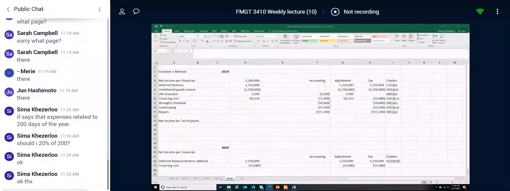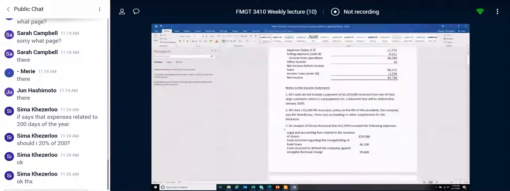Okay. So in the case of the cost incurred to defend the company against wrongful dismissal, that would be a general expense. Then you'd say, is there a specific rule for this? No, not really. So now you have to turn to 18(1)(a). So again, is this a cost that you incur to earn income? Well, you're trying to defend the company against wrongful dismissal, so for sure there's an income earning purpose around this expenditure.